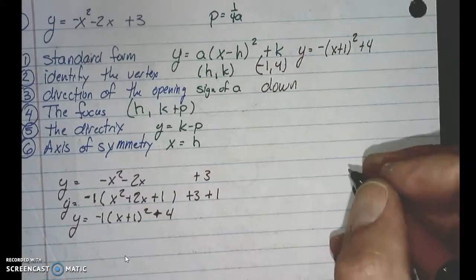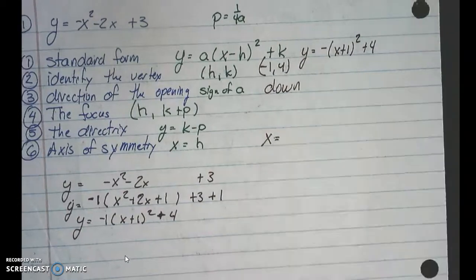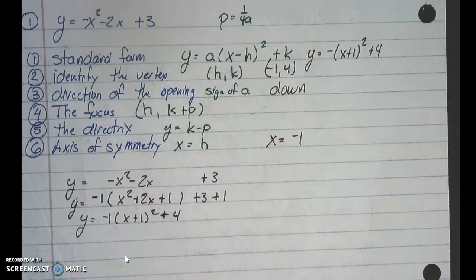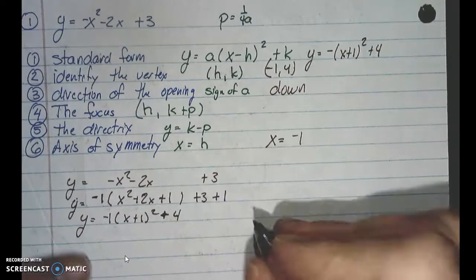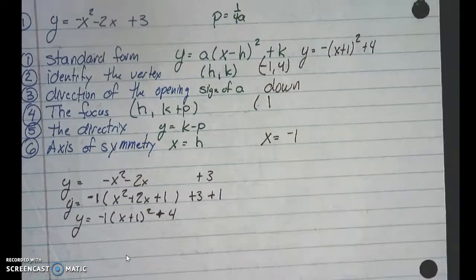Okay, I'm going to skip these two for now. I'm just going to jump down to something I can just fill in like that. What's my axis of symmetry? Negative 1. And how did you know that? Perfect. You got it. Excellent. All right. In fact, I can come up here and I can just put a 1 right there, right? Because I know that h again is negative 1.